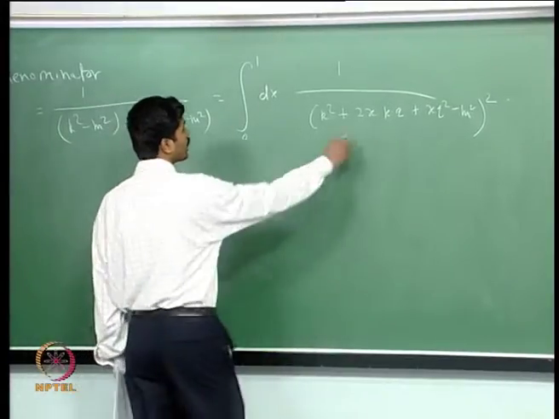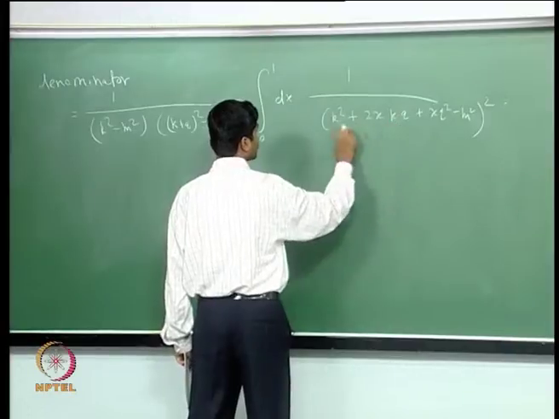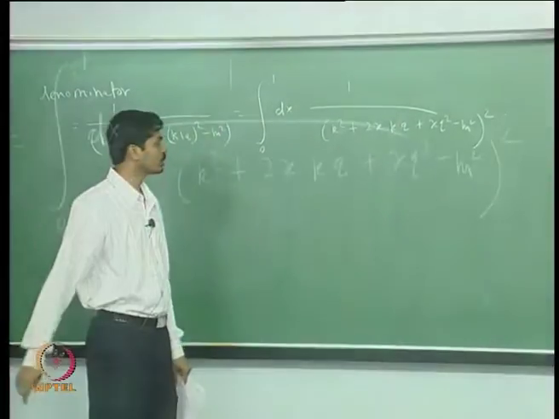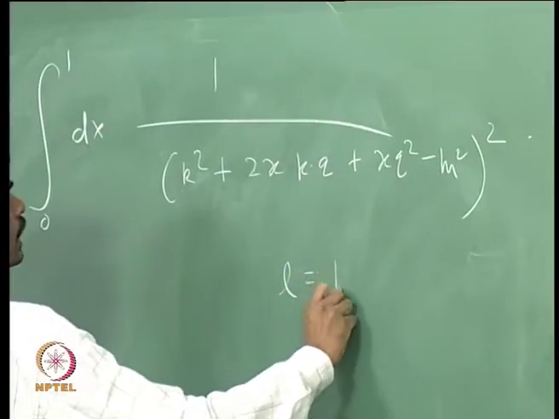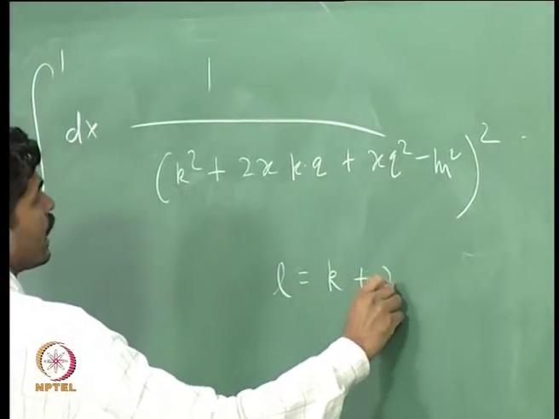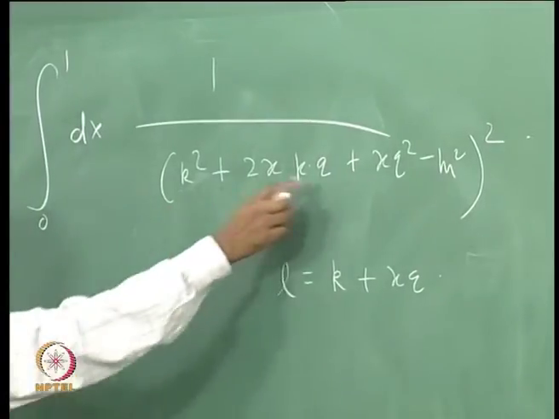And now again you see there is a linear term in k and a quadratic term in k. I want to complete the square. So, I will introduce the variable L, which is basically k plus x q, and I will express it in terms of L square.